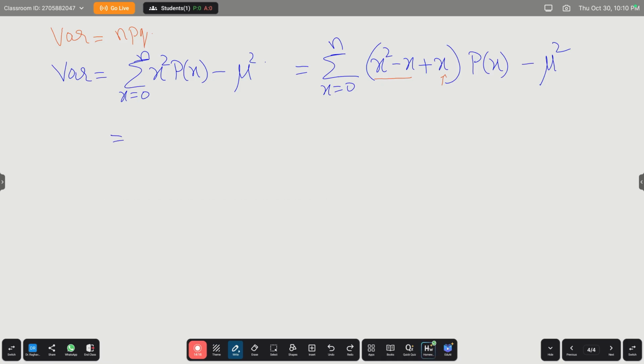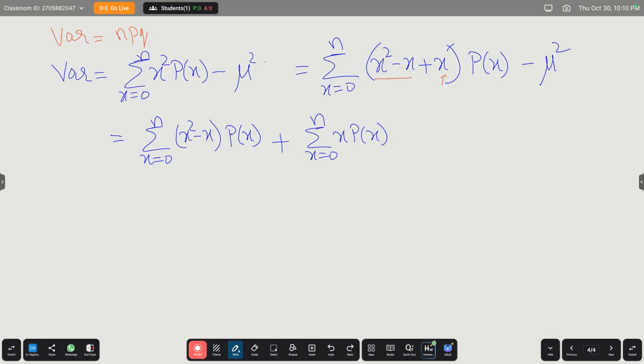So what will happen? This will be equal to summation x from 0 to n of x square minus x, this I am separating, x square minus x multiplied by p of x, plus, for the remaining x, I'll write it separately, summation 0 to n of x p of x.